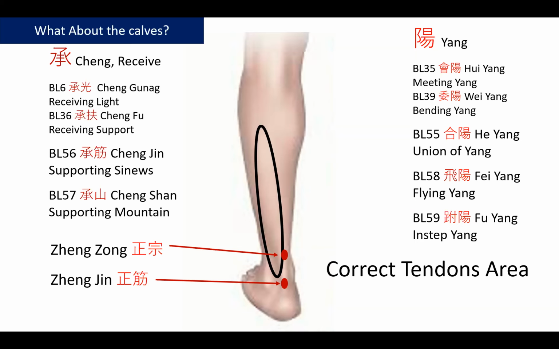The left side shows you receiving, what falls down. On the right side you have what pushes up. Bladder 35 is obviously by the tailbone, but everything else is basically from the knee downwards, pushing upwards from the foot. So we initiate the movement in the foot, and then we pump it up in the gastrocnemius.